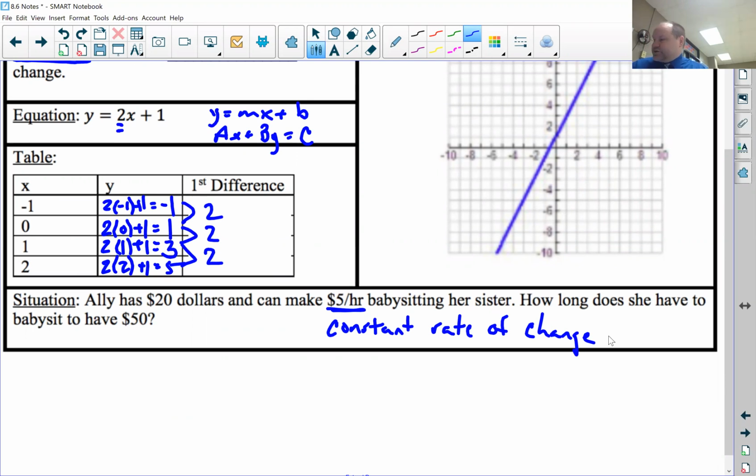The amount she earns goes up by $5 every hour. Right. Questions with linear. Again, I think maybe the easiest to see. The next couple are a little more difficult.